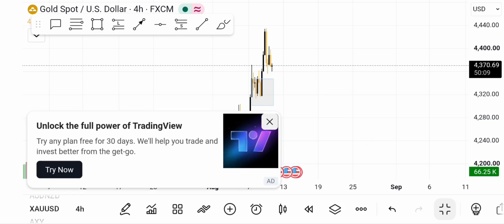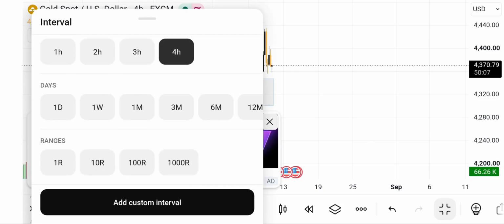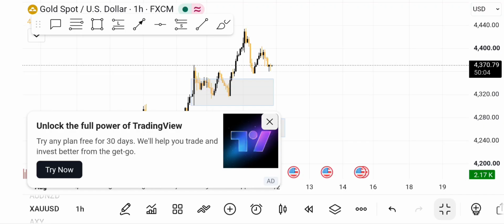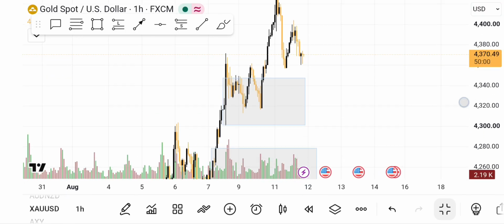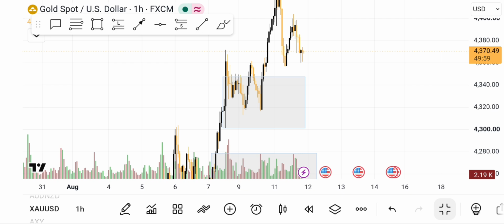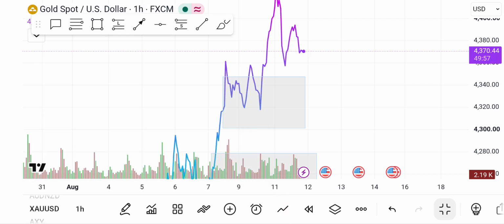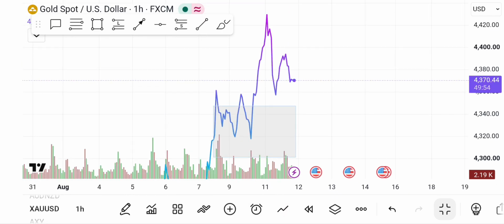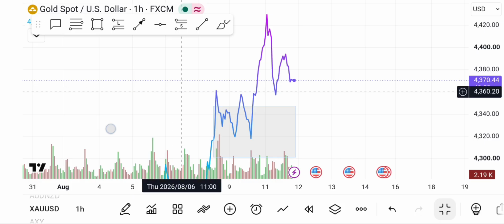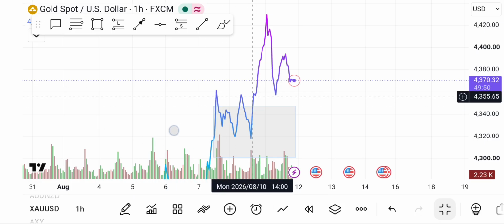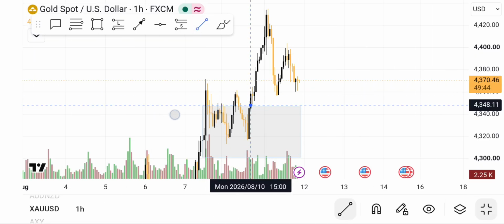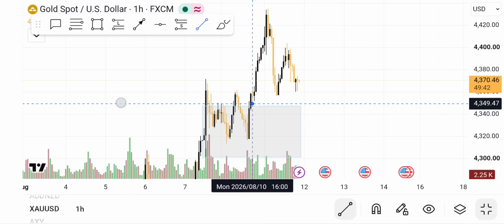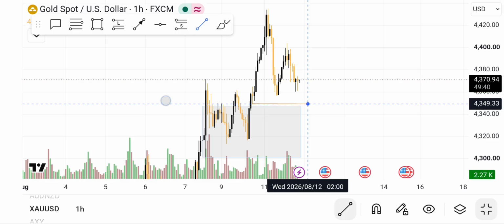So let's go and check what happened on the lower time frame at the buy zone and everything. At this 4 hours buy zone, you can see that this is a buy zone that was formed on 1 hour. I'm going to show you the trades I picked.